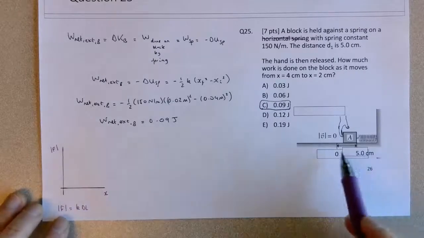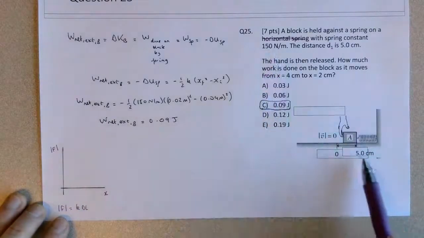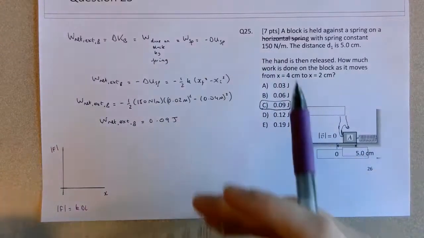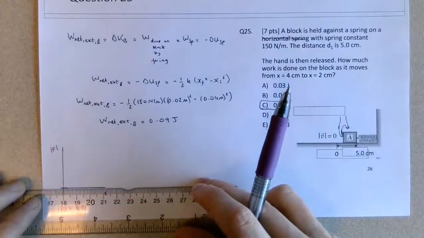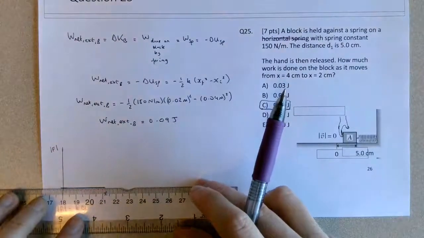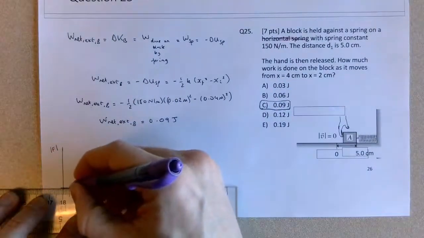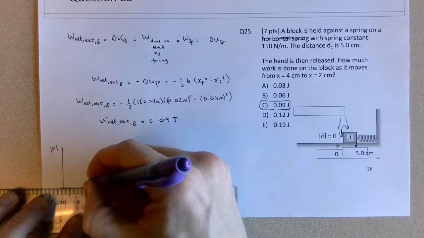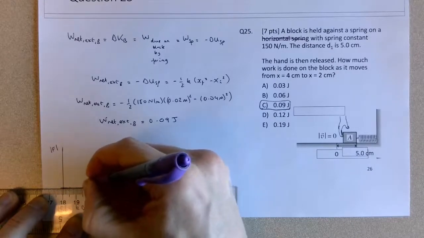So if you do this for 150 Newton per meter and at 5 centimeters, there would be a maximum of 7.5 newtons. Maybe I'll try to see if I can get in 1, 2, 3, 4, 5.